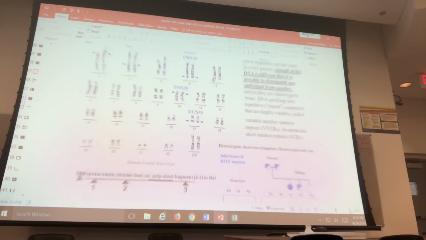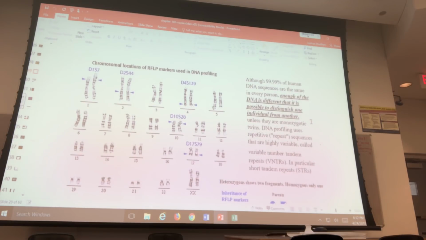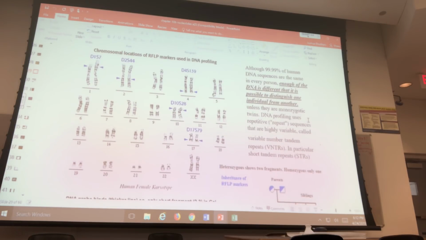So, going back to restriction enzymes briefly, restriction enzymes by definition are able to cut particular patterns that are found in DNA. Because of this, we can actually use restriction enzymes to identify differences between one person's DNA pattern and another person's DNA pattern.